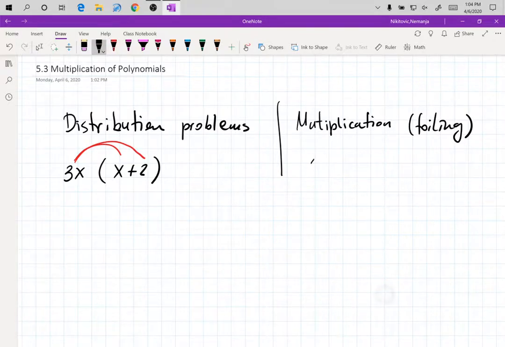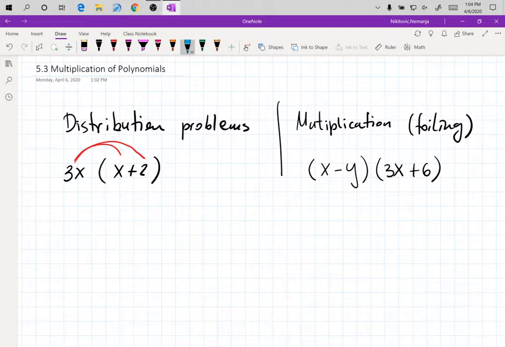Multiplication is going to have multiple terms in each polynomial. So you are going to have, let's say, x minus y times 3x plus 6, in which case you have to multiply each one by each one.